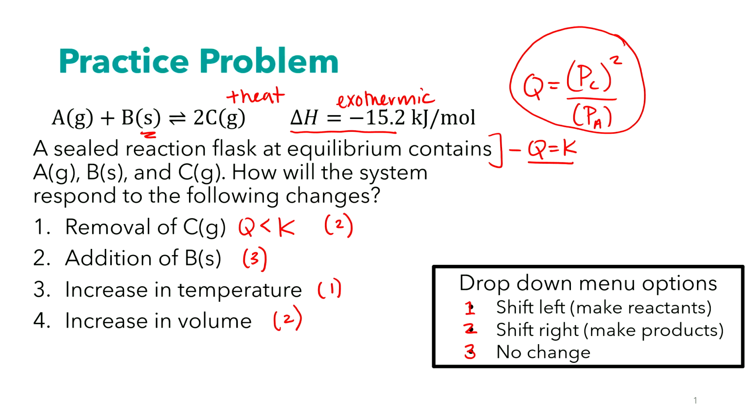Okay, so there's only 1 mole in the gas phase on the left side, and there's 2 on the right side. So an increase in volume is going to favor the side that has more moles. Okay, an increase in volume will drop our pressure. Our system responds by trying to get back to that pressure, and it can do that by making more moles, by making more C. So that is also a shift right.